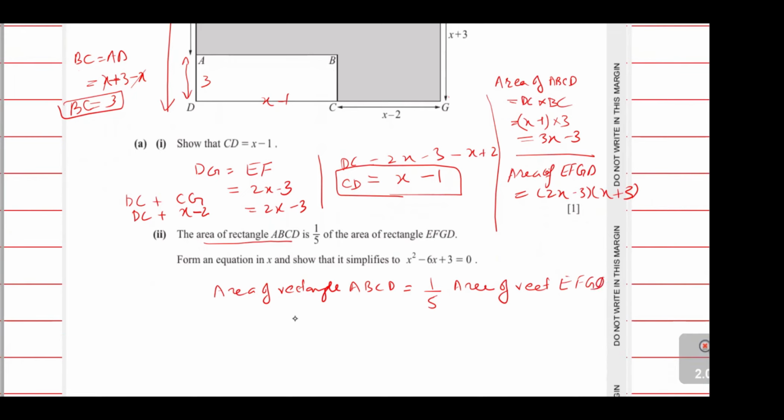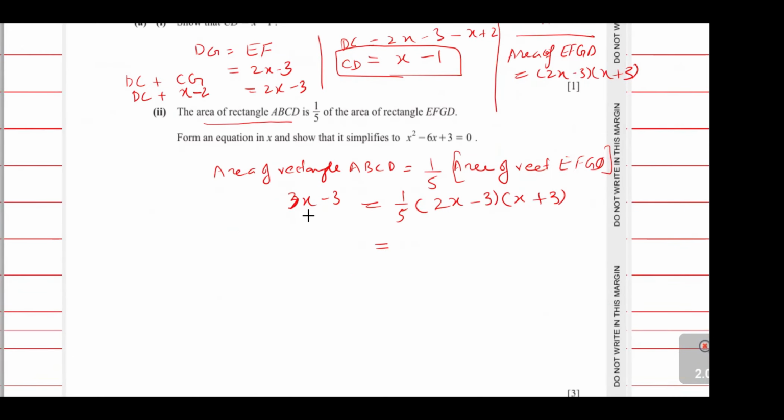Area of rectangle ABCD is 3x minus 3, and this is 1/5 of this area, 2x minus 3 into x plus 3. We will multiply 5 to 3x minus 3. We get 15x minus 15, and this is 2x minus 3 into x plus 3.